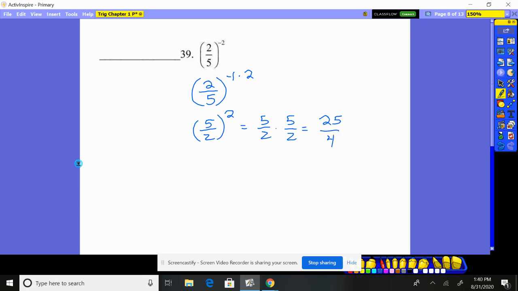I am okay if you leave the answer as 25/4. That's perfectly fine in this situation. Now you don't have to change it to its decimal equivalent of 6.25, but 25/4 is perfectly fine.